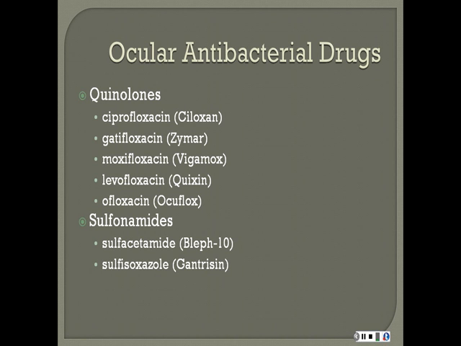Some of the common ones that you'll see are the ciprofloxacin, the Zymar, Vigamox, Quixin, Ocuflox, the Blephamide are sulfonamides, and the Blephamide is what I see most often, but the Garamycin you may also see.